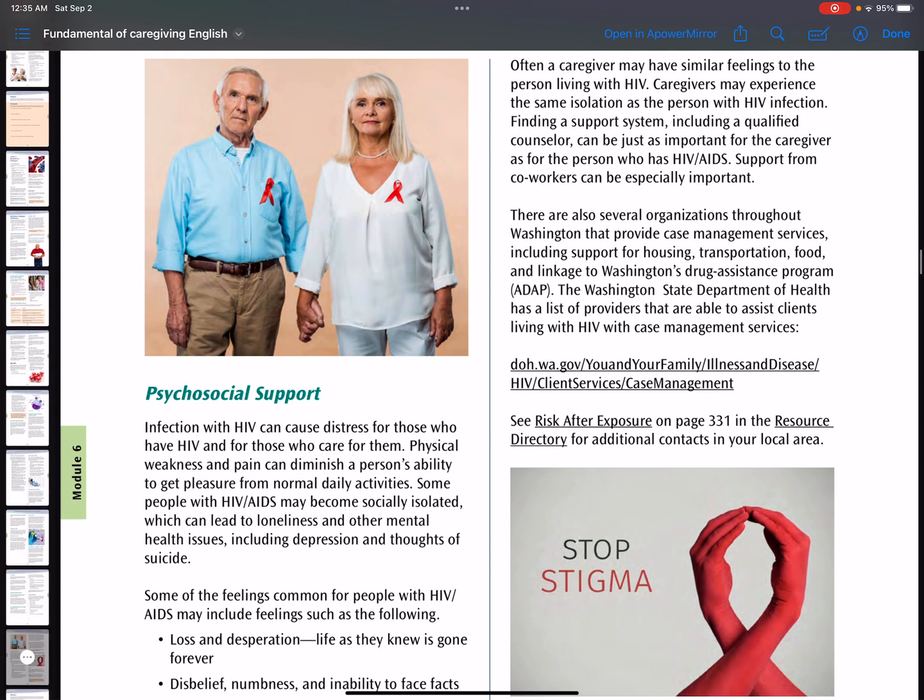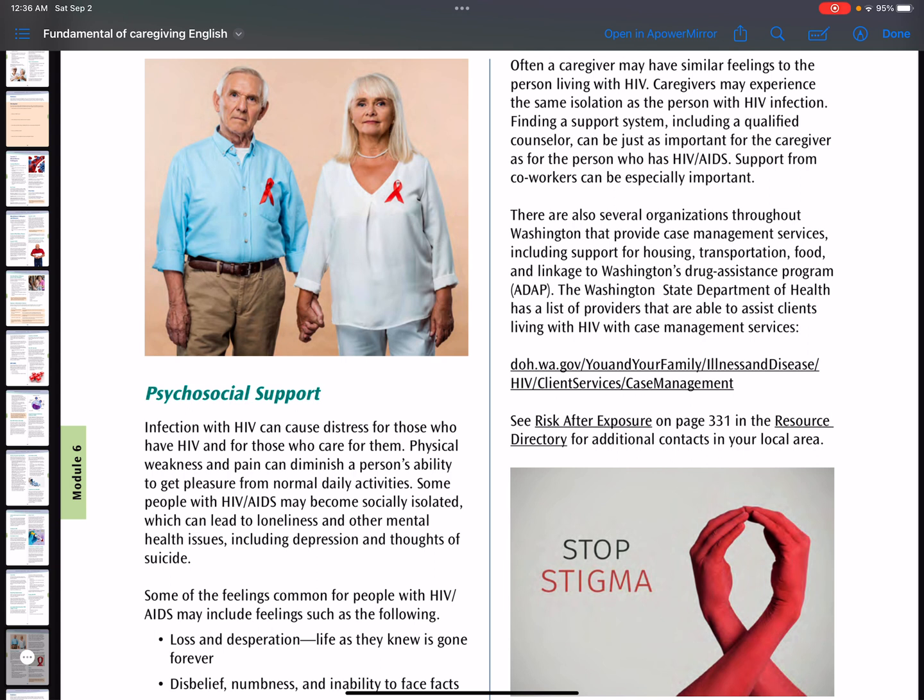Often caregivers may have similar feelings to the person living with HIV. Caregivers may experience the same isolation as the person with HIV infection, so finding a support system, including a qualified counselor, can be just as important for the caregiver as for the person who has HIV.